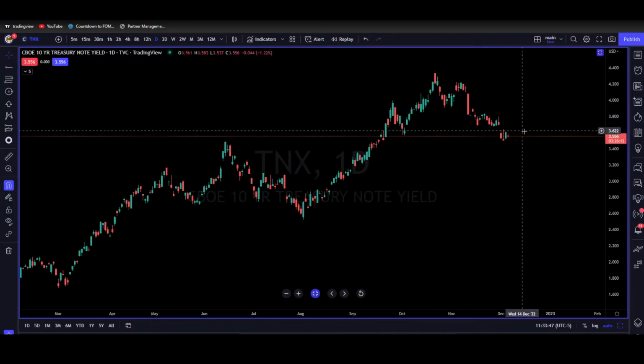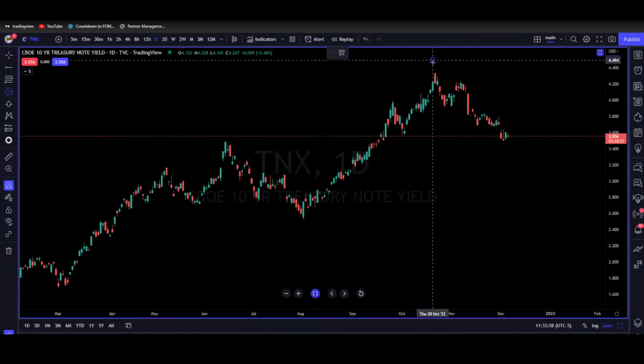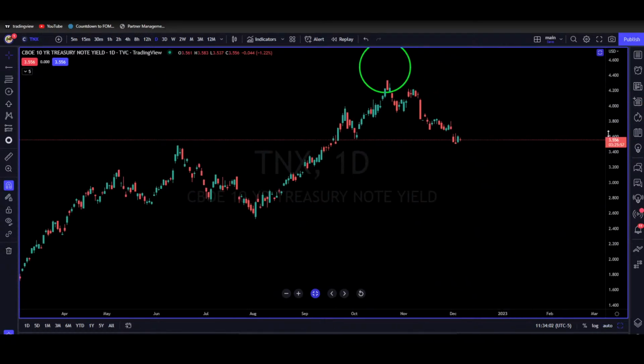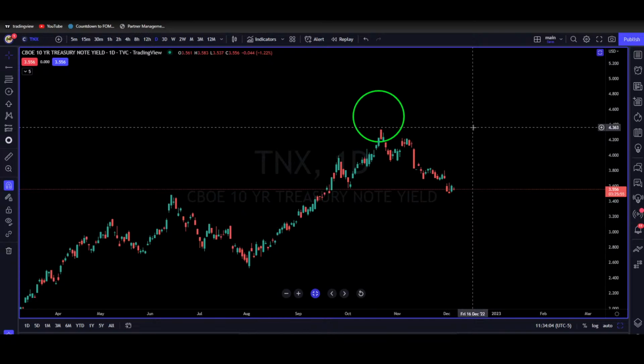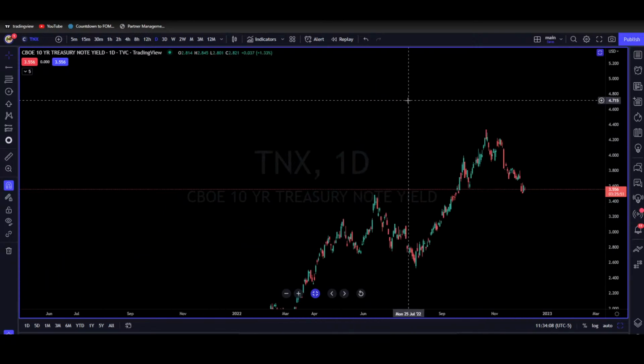This chart looks almost identical to the DXY. I think the top is in. I think that's going to be your top, right there. That's just my opinion. It doesn't mean that the top is in. It's just my opinion. I think the top is in.